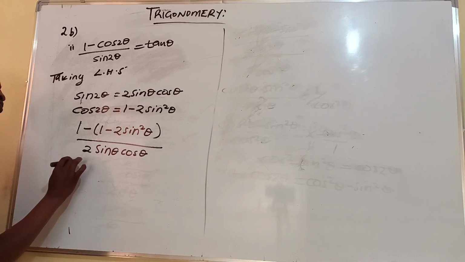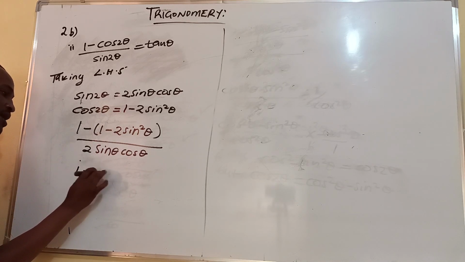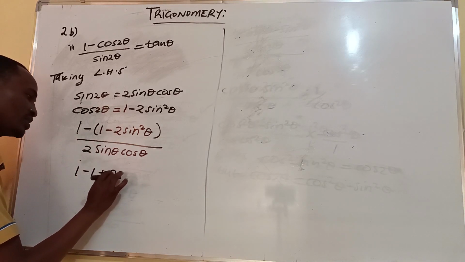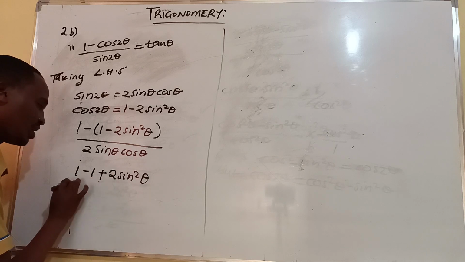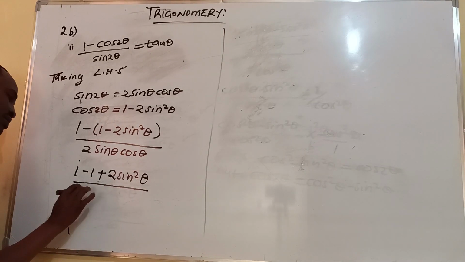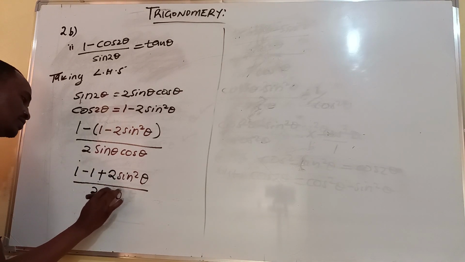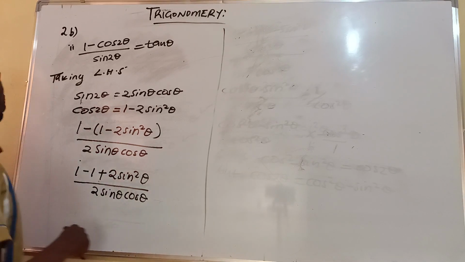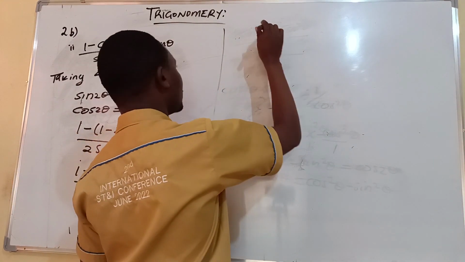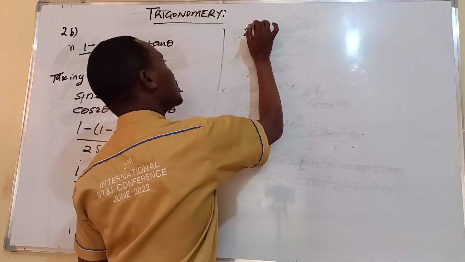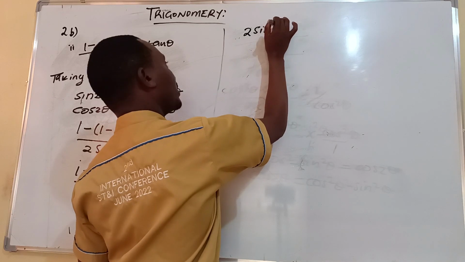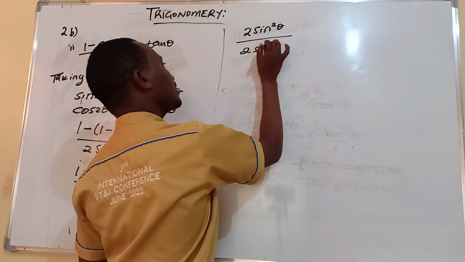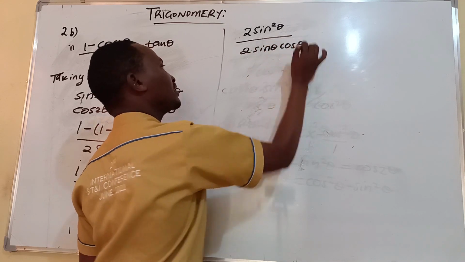It now becomes 1 minus 1 plus, because if you open the bracket, this minus is plus, 2 sin squared theta over 2 sin theta cosine of theta. 1 minus 1 is 0, plus 2 sin squared theta over 2 sin theta cosine of theta.